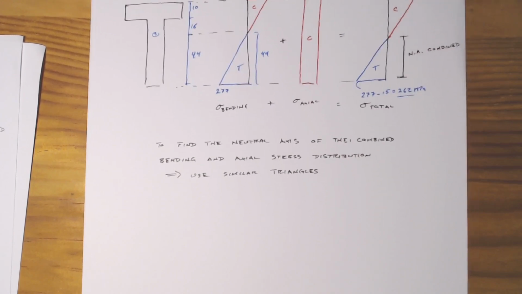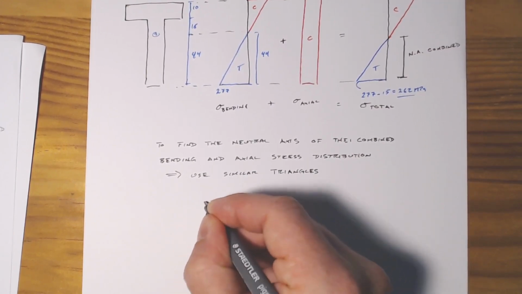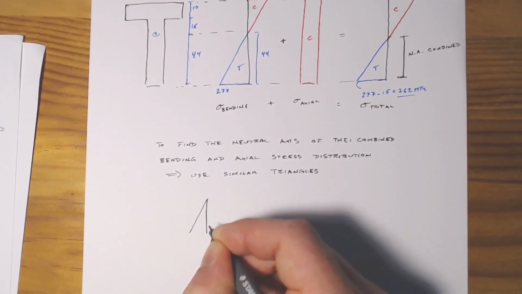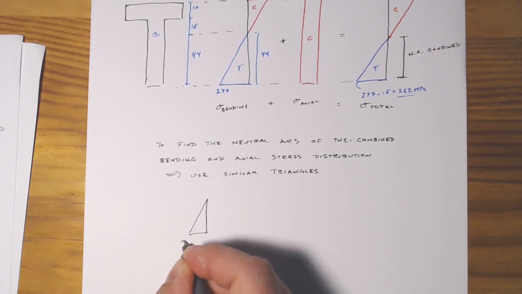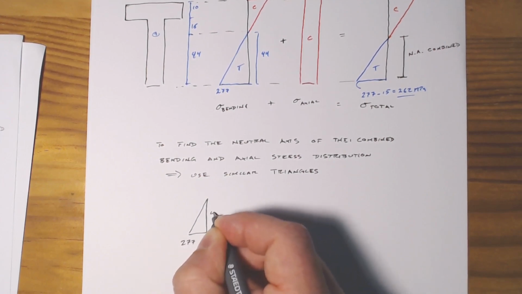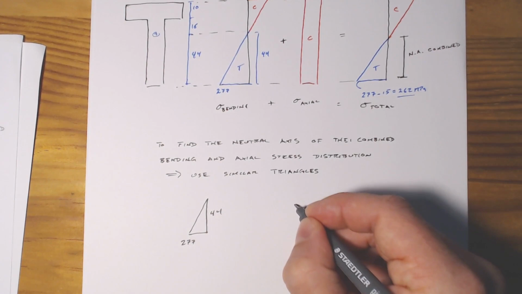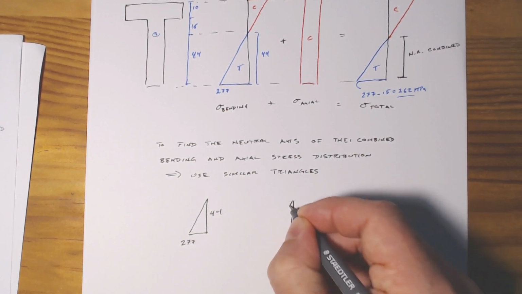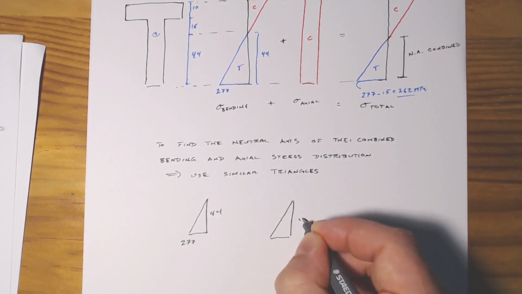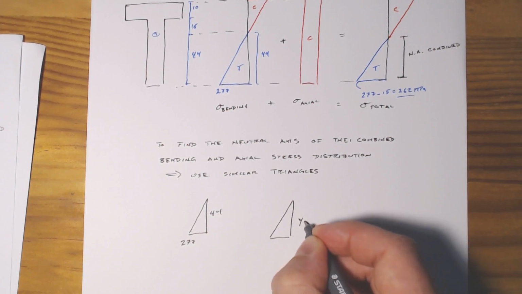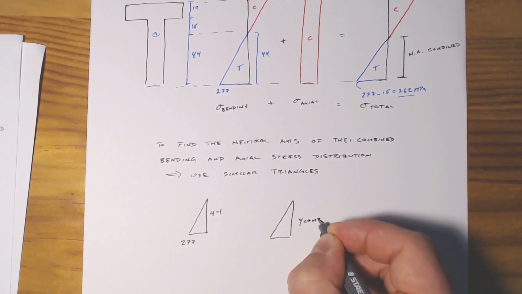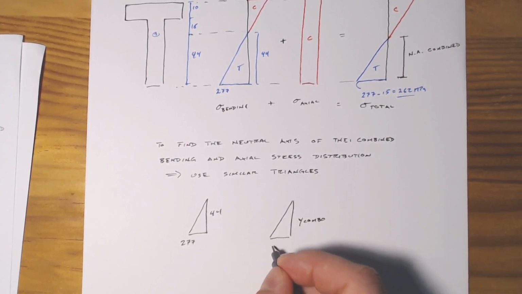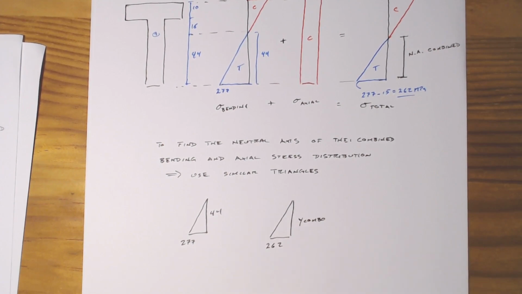So if we were to do that, we would have 277 and 44. We have Y combined and 262.